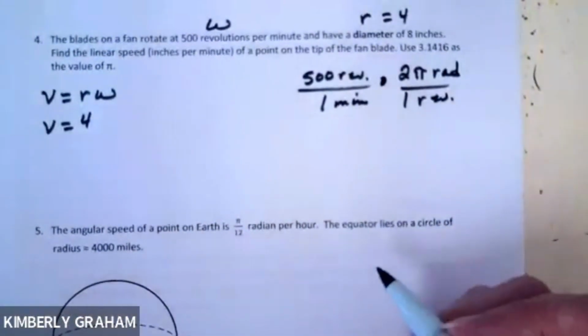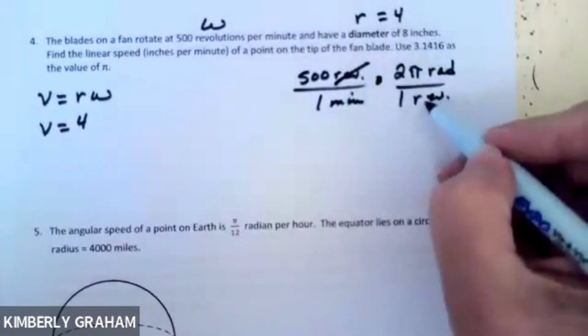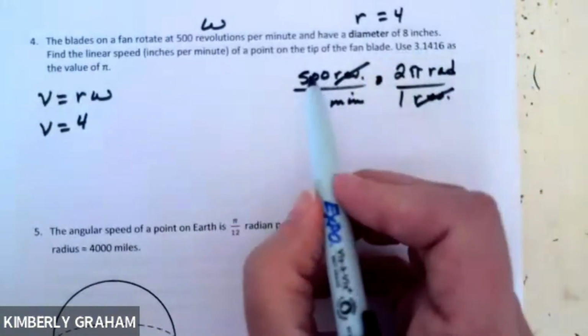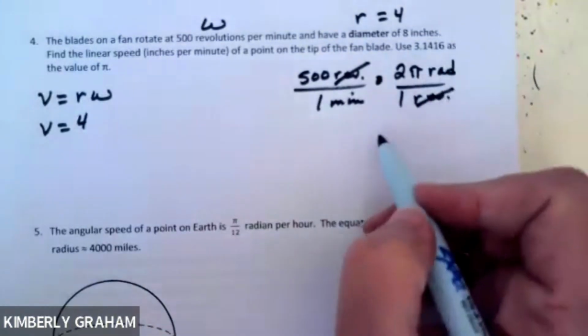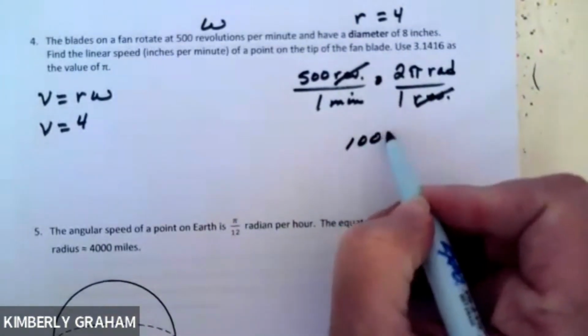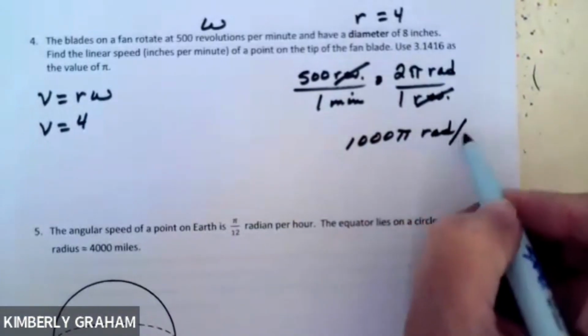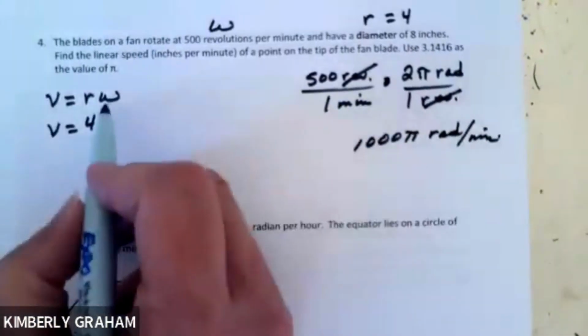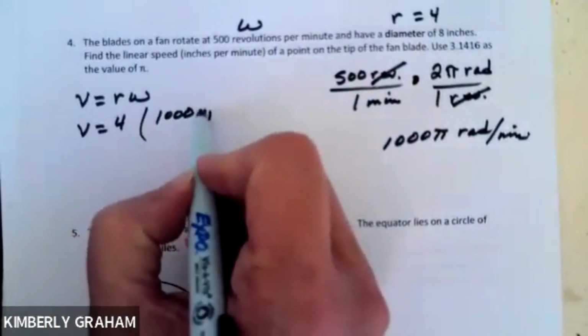So when I multiply by 2 pi radians over 1 revolution, revolutions are going to cancel. So I can multiply straight across. 500 times 2 pi is 1,000 pi, and that's going to be radians per minute. So my angular speed is 1,000 pi.